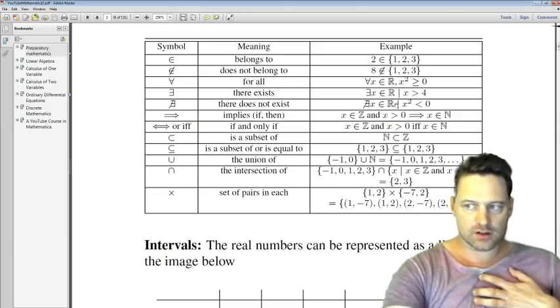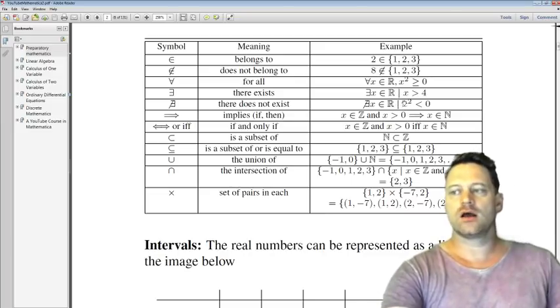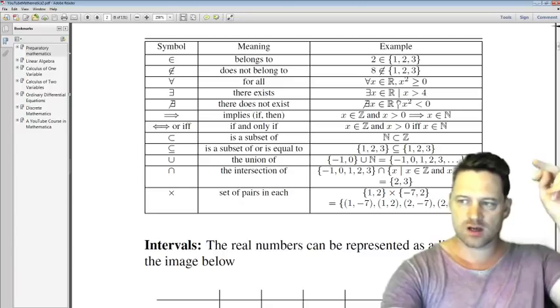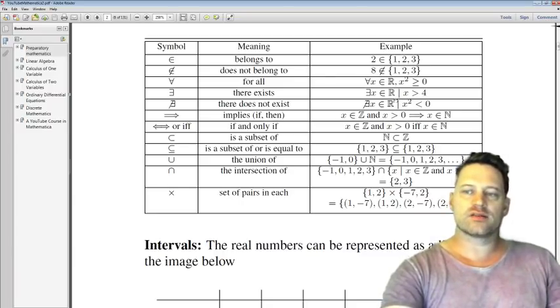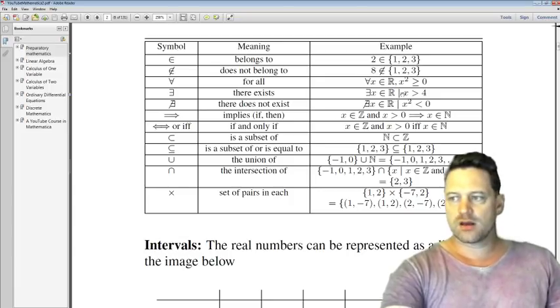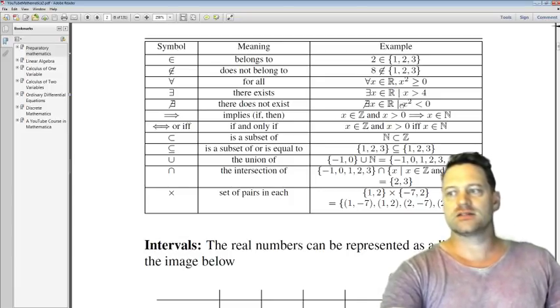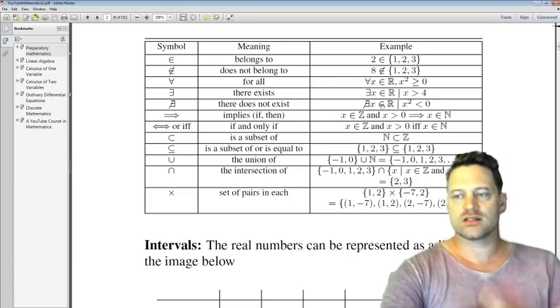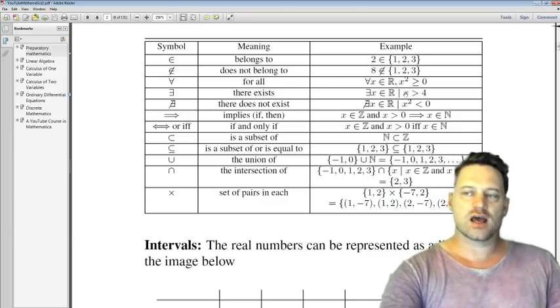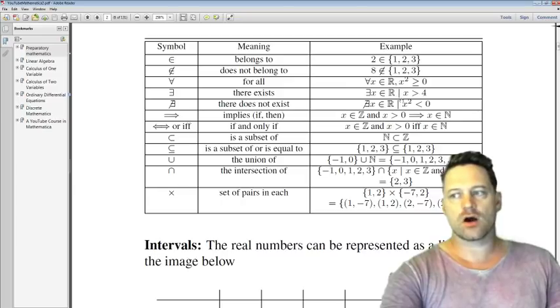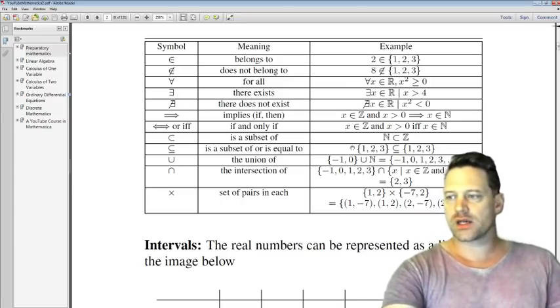I would prefer to use a colon, as in the 2 dots on top of each other, because if you're dealing with elementary number theory, this symbol also means divides. And I don't like ambiguity, so I tend not to use this to mean such that. However, it's very common to use a vertical bar to mean such that. So we'll go with it here.